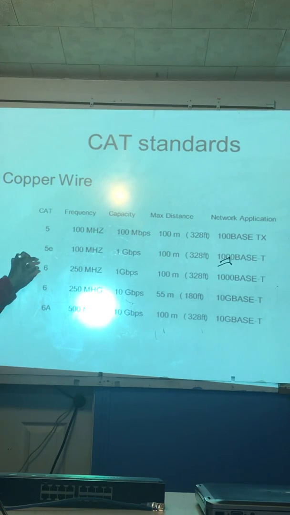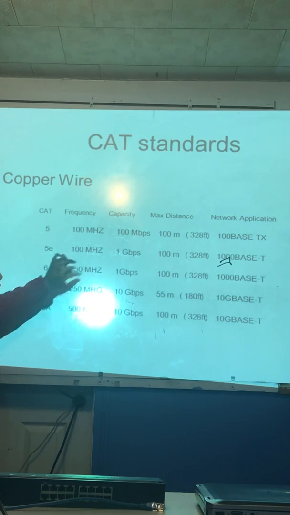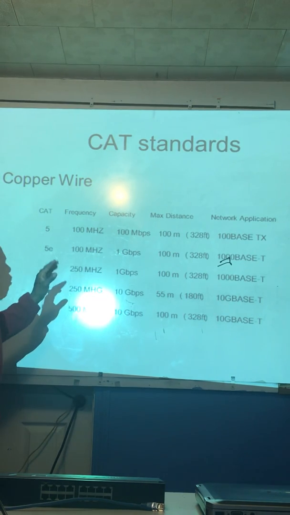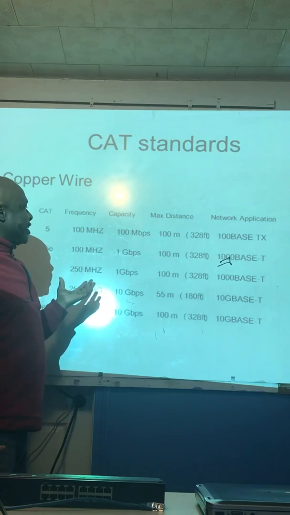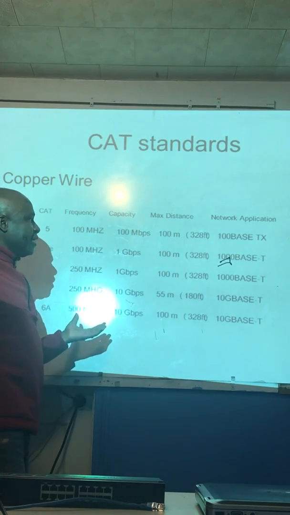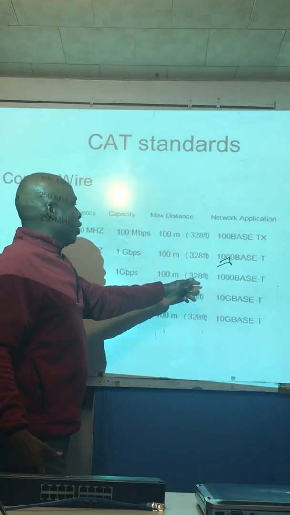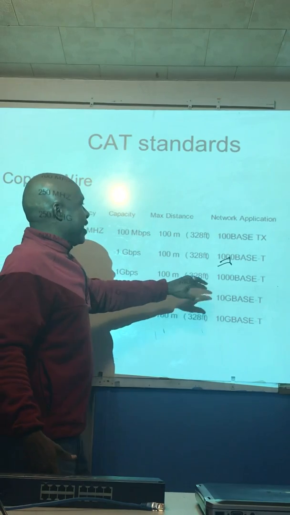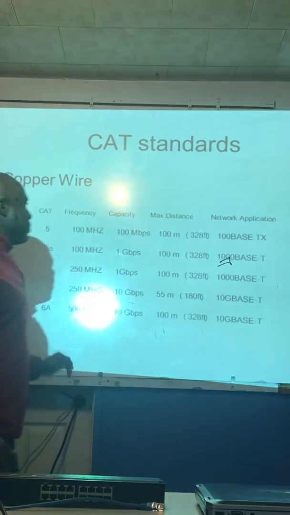However, now most technicians use Cat6 that goes to 250 megahertz, supports a capacity of 1 gigabit per second, and goes to 328 feet, and it's 1000BASE-T.